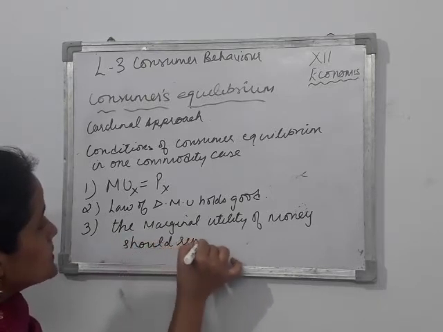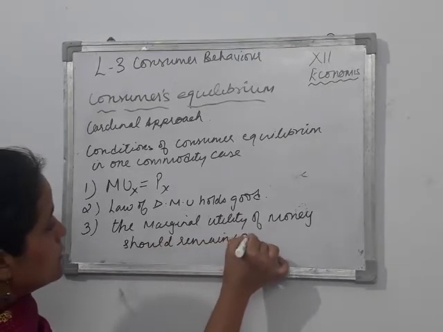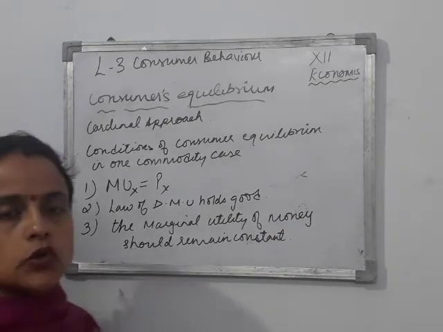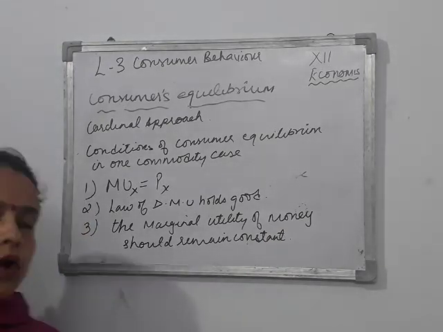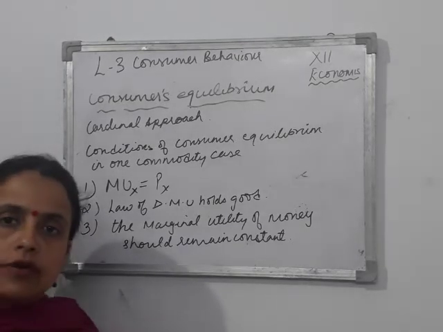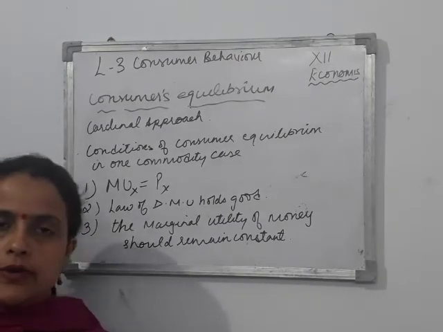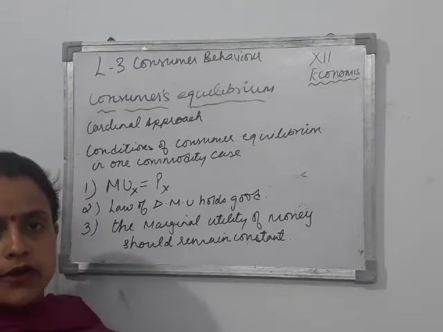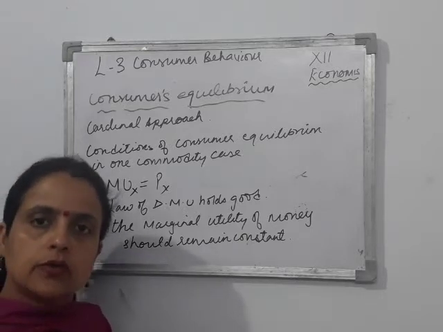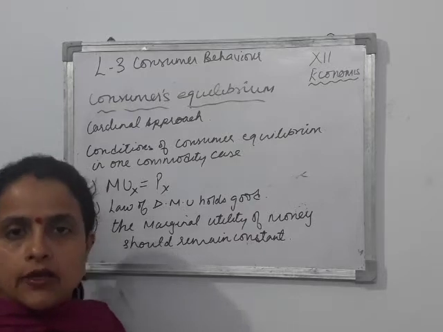Should remain constant. Right? So the marginal utility of money should remain what? Constant. So these are the three conditions which I already taught you and which we did in our previous class also. In case you have any kind of confusions, you can go and revise the previous video, go through the previous video again and use your books.